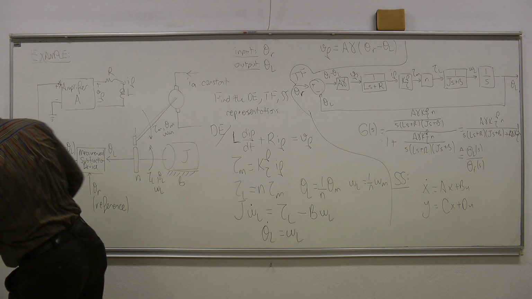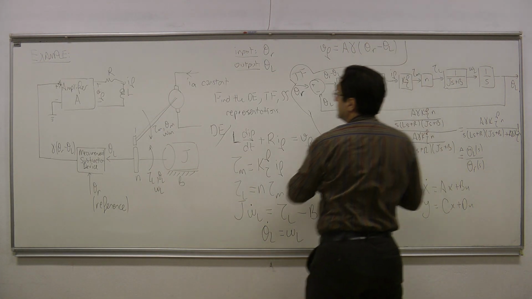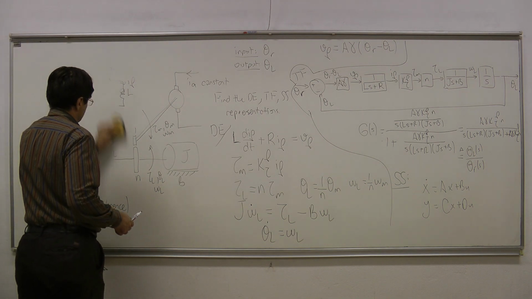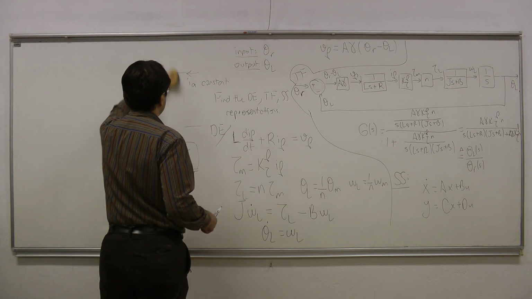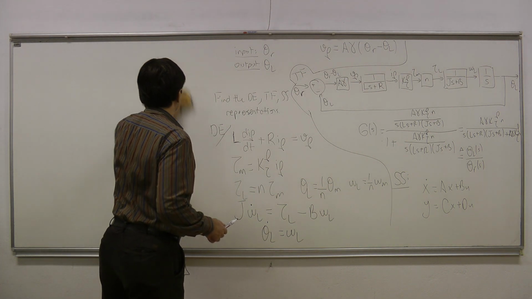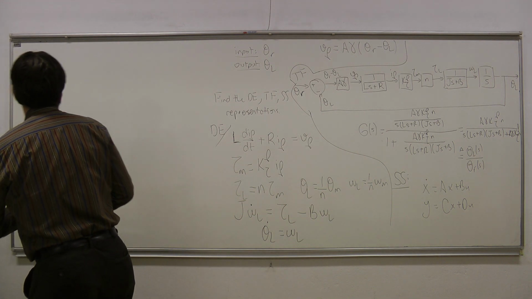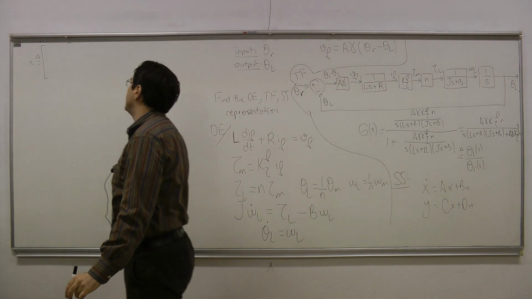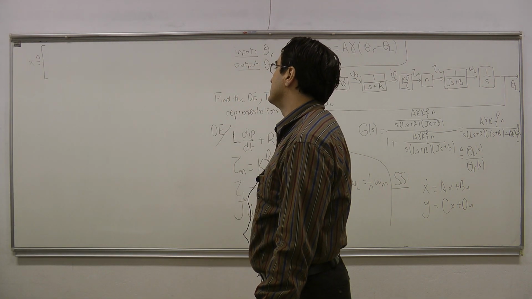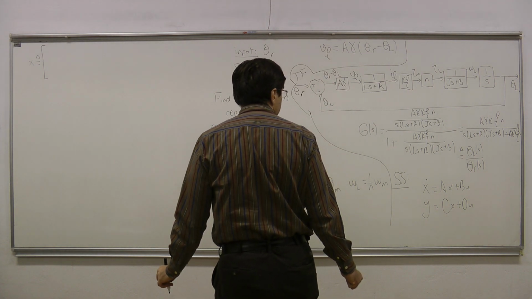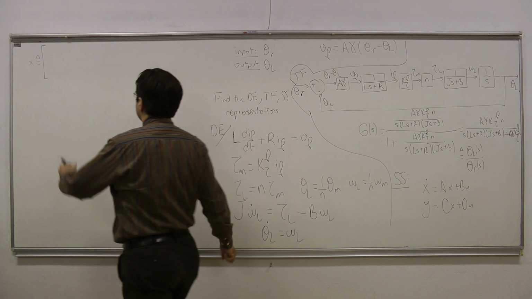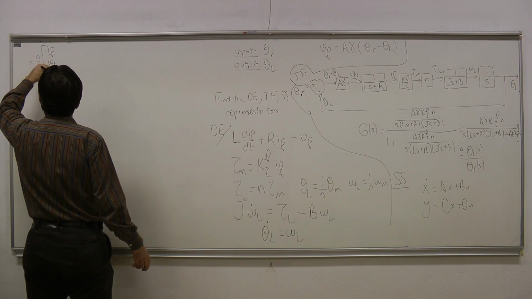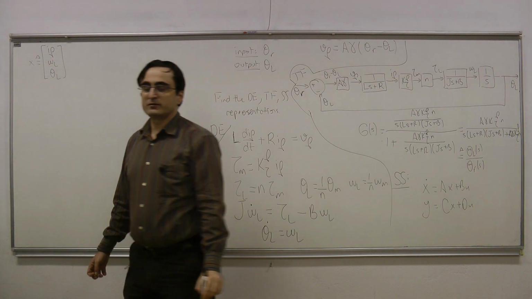So let me erase this part. So here my selection is x defined as, this is my definition sign, equality with a triangle on the top. This is the definition of the state variables. X is defined as if, omega L, and theta L as my state variables.